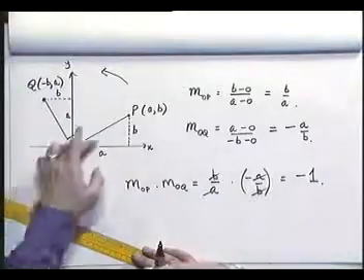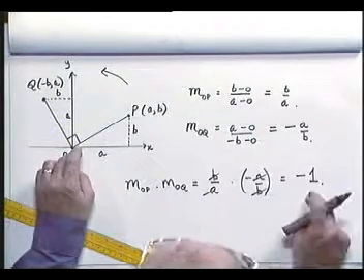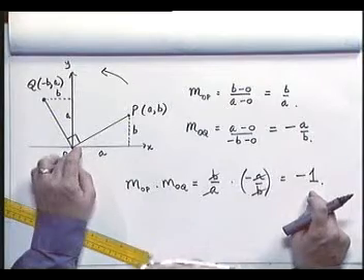This is a very important result. If you have two perpendicular lines, then the product of their gradients is always minus 1. And correspondingly, if you've got two lines and you find that when you multiply their gradients together you get minus 1, you can deduce from that that the lines must be perpendicular.